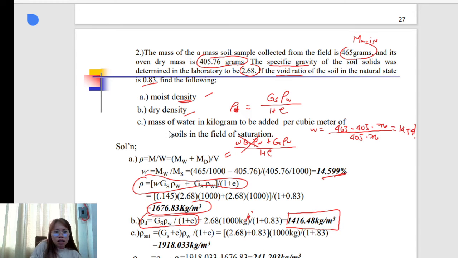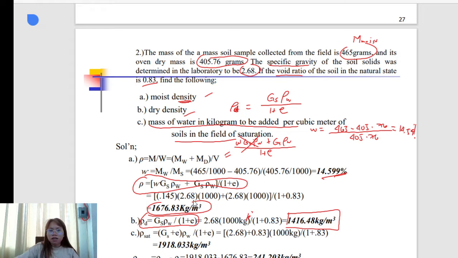And for the saturated, to determine the mass of water in kilograms to be added per cubic meter of soil in the field for saturation, we have to compute first the saturated density.